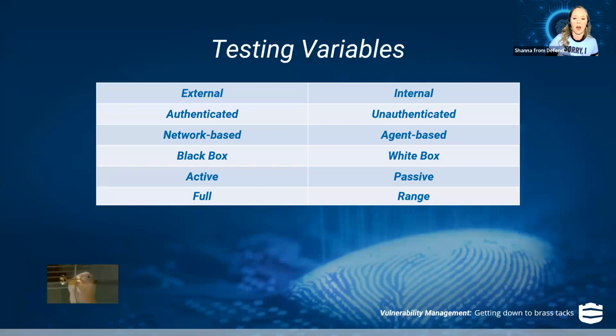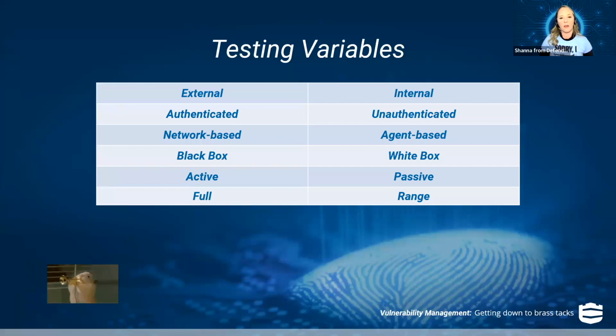So an unauthenticated scan does the opposite and offers more of a perspective of an intruder. On the authenticated side, you can go deeper into the asset, like seeing, from a workstation level, the operating system, your configurations, your patches. Unauthenticated, a lot of the time we're looking at it just from the outside: what public information is available, what vulnerabilities might exist on those external facing systems or applications or infrastructure.